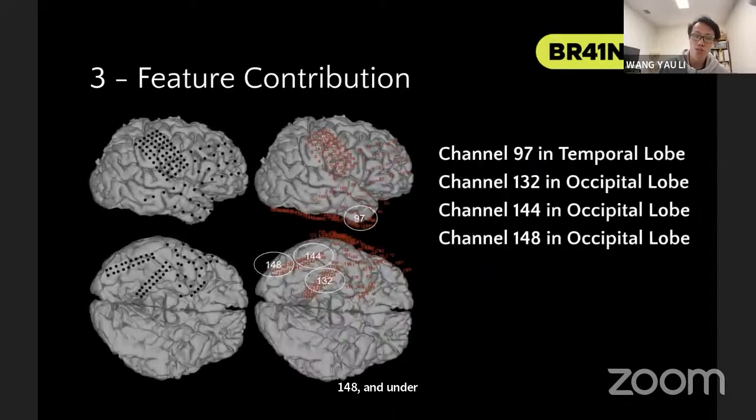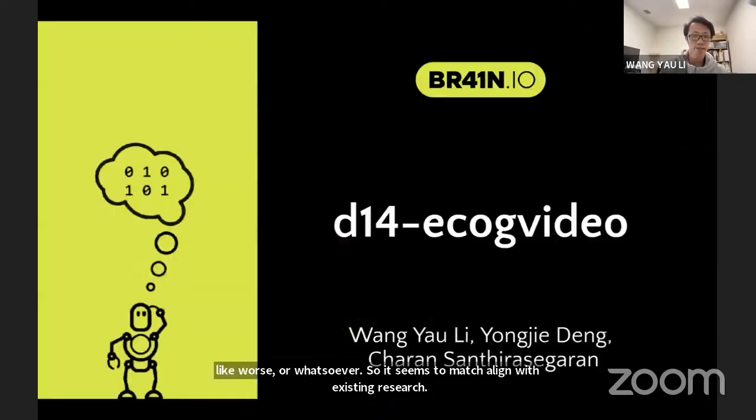And then we looked into which part of the brain those signals are coming from. By reading through some literature, it seems these are areas of the brain which focus on faces or on locating words or whatsoever. So it seems to align with existing research, and that's what we learned so far.